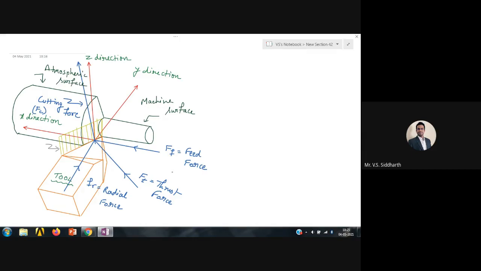Tell me quick. Cutting plane. Very good. Pi C, cutting plane.